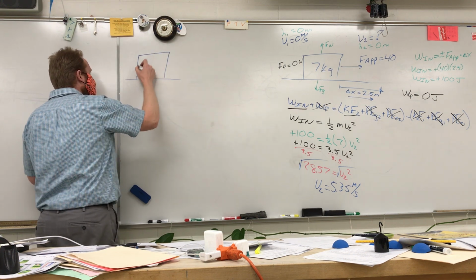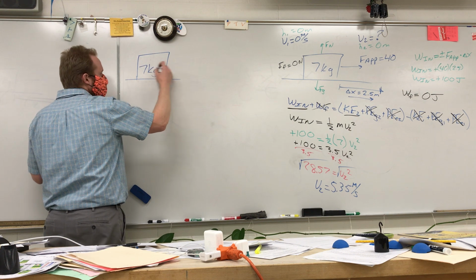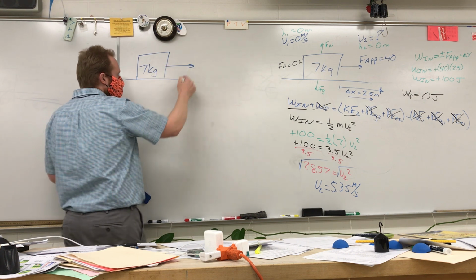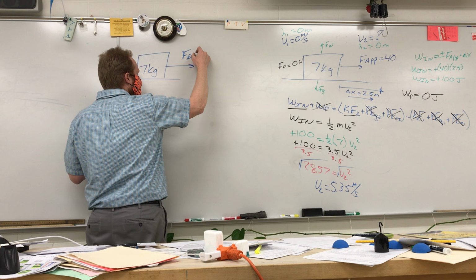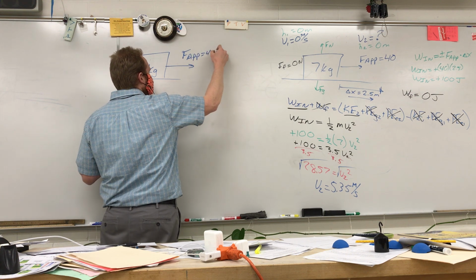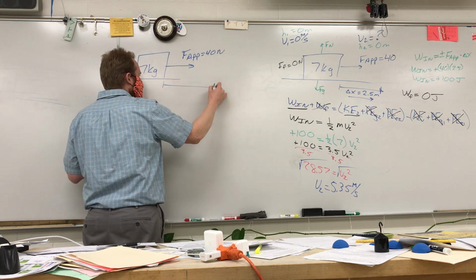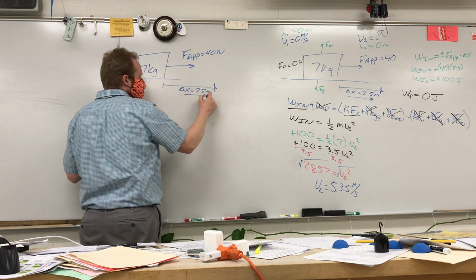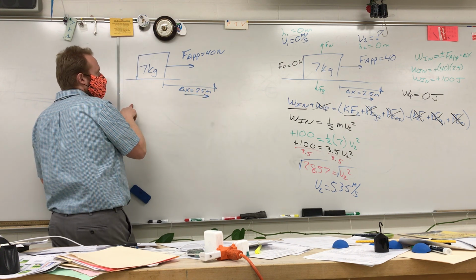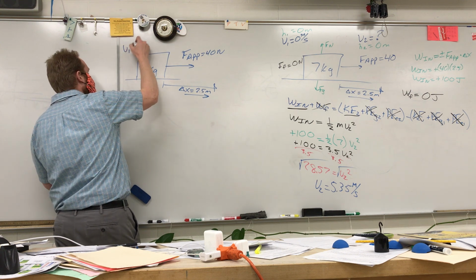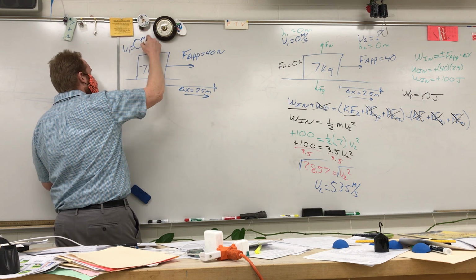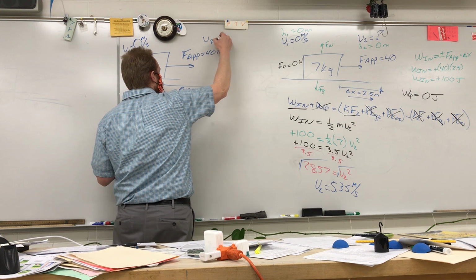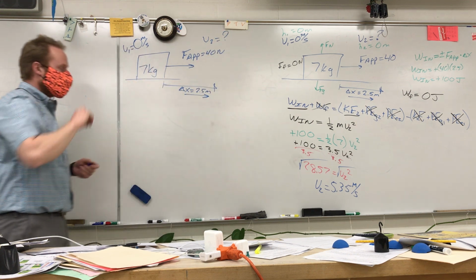The second one is almost identical in that there's an applied force of 40 newtons with a displacement of 2.5 meters to the right on a 7 kilogram object that starts from rest, and we're trying to determine how fast it's going.